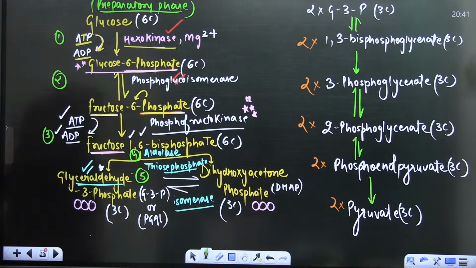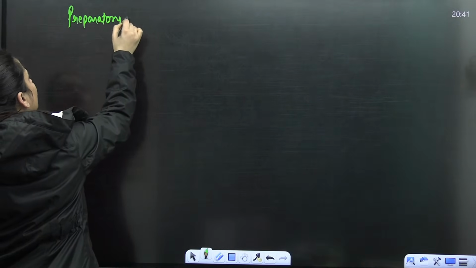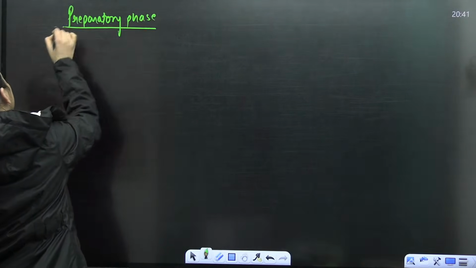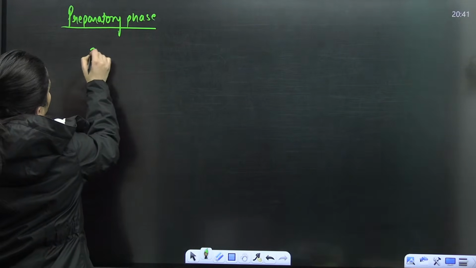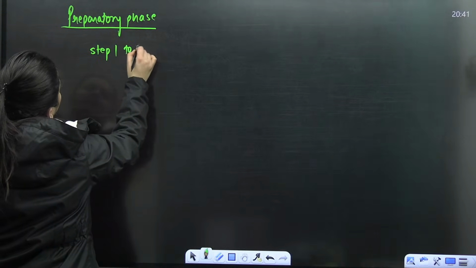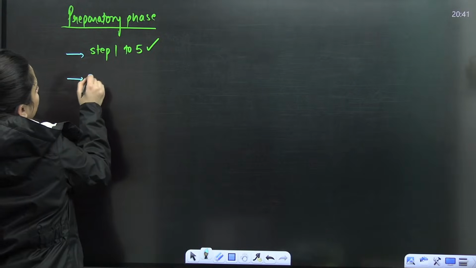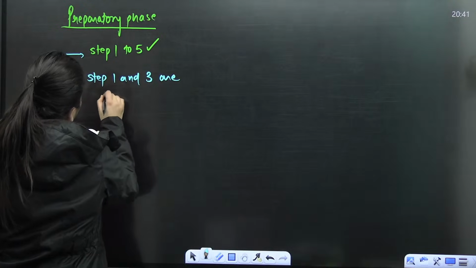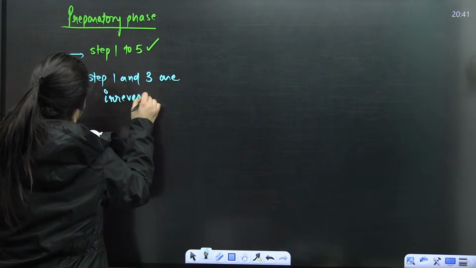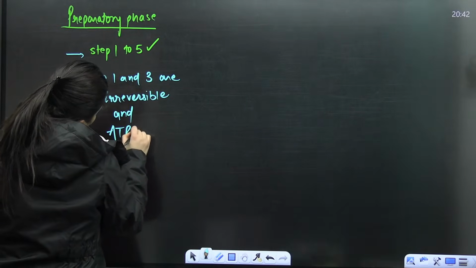Now from this part, can I conclude when I'm talking about the preparatory phase, I'm going very slow, like you are reading it for the first time. We have steps 1 to 5. I'm writing the conclusion here. Step number 1 and 3 are irreversible and ATP is used here.